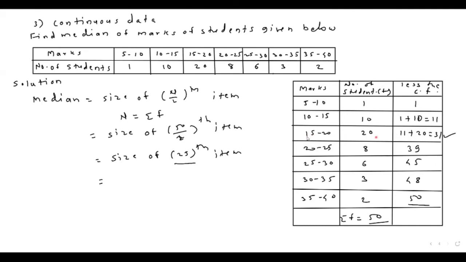So this is my class corresponding to the just greater cumulative frequency than 25, which is 31, and hence we get the median class as 15-20.